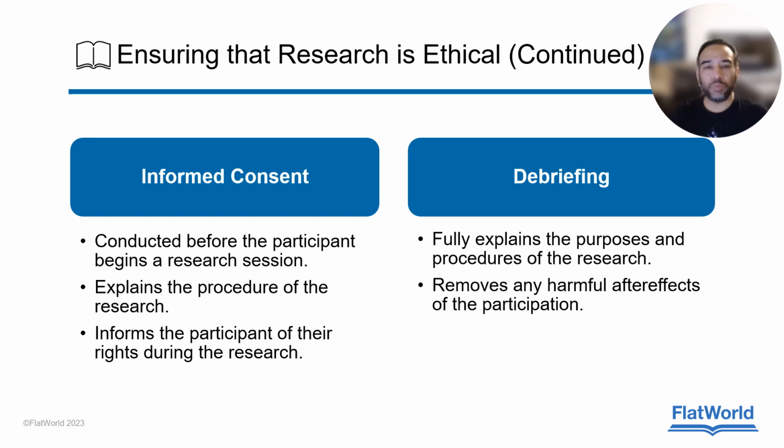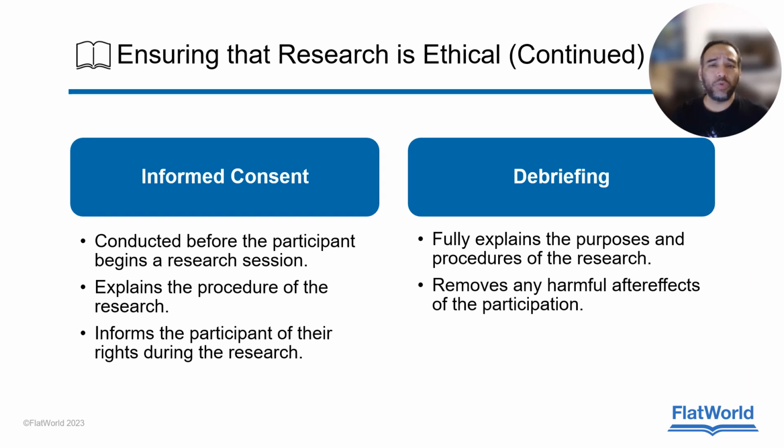So key points of informed consent would be a good explanation. And by the way, this is not just for research, this is also for healthcare. So use that as a parallel to understanding this about research.